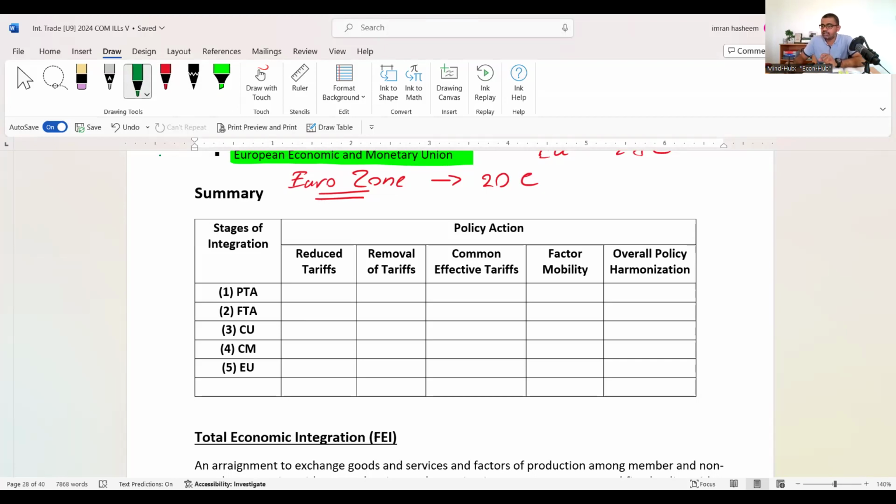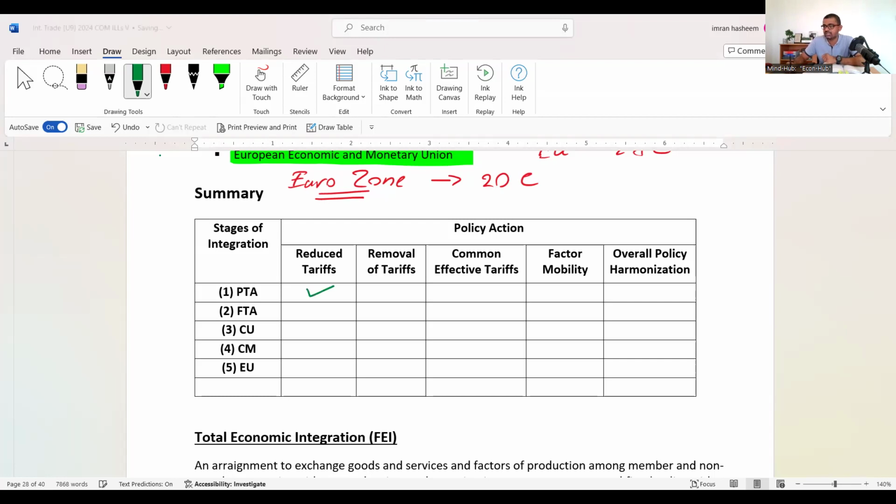Ready? A PTA, preferential trade agreement, right? Preferential trade area, or sometimes referred to as preferential trade agreement also. Don't fuss on that. Reduced tariff: yes, preference is that. Member countries get a lesser tariff, non-member countries get a higher tariff.